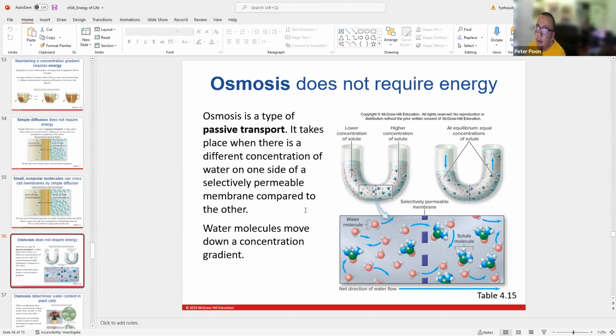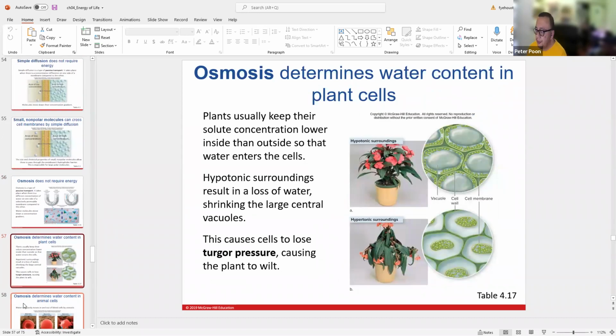So water molecules move down the concentration gradient. Osmosis is actually a very important concept in plant life. Osmosis determines the water content in plant cells.